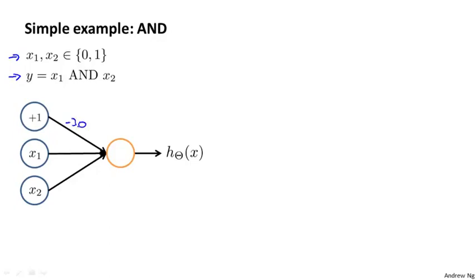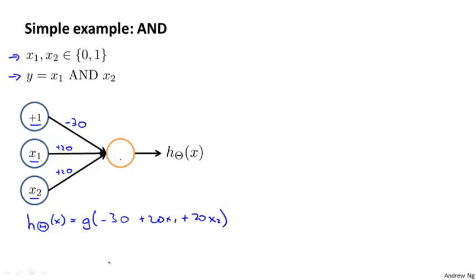-30 here, +20, and +20. And what this means is that I'm assigning a value of -30 to the parameter associated with x0, that is this +1 going into this unit, and a parameter value of +20 that multiplies into x1, and a value of +20 for the parameter that multiplies into x2. So concretely, this is saying that my hypothesis h of x is equal to g of -30 plus 20x1 plus 20x2.